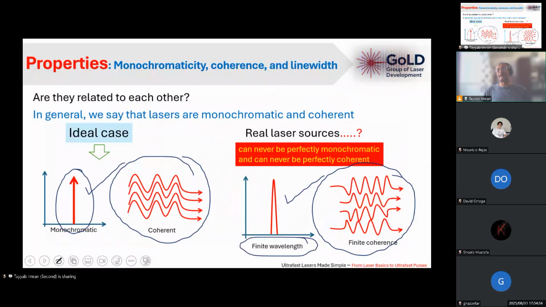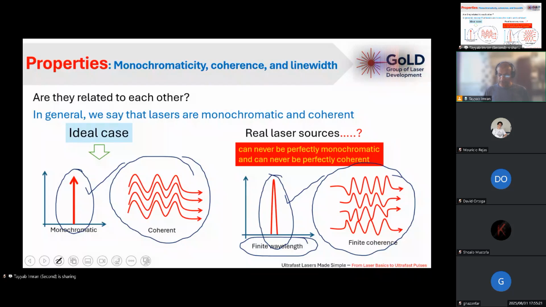It means ideally we cannot have a line-like spectrum. Ideally the spectrum has to be like this, but we cannot have such a perfect laser. In general, we say that the laser is very much monochromatic and coherent, but actually it's not like this. There is always some other wavelength existing, so that is why the spectrum gets broader.